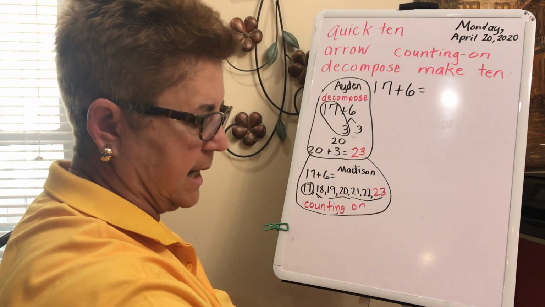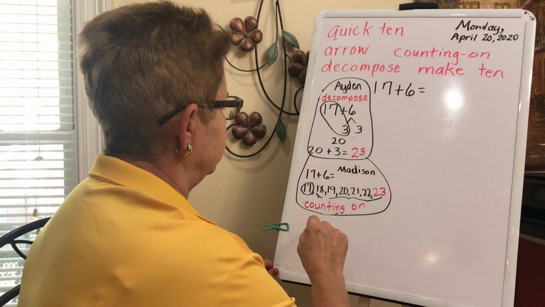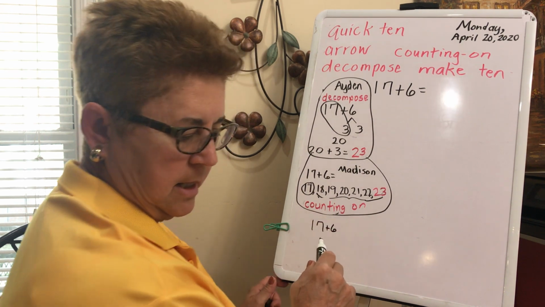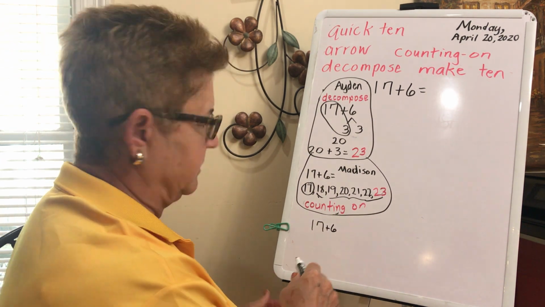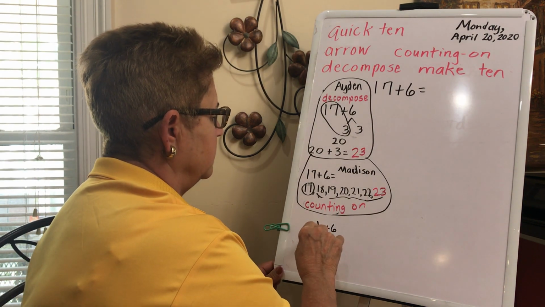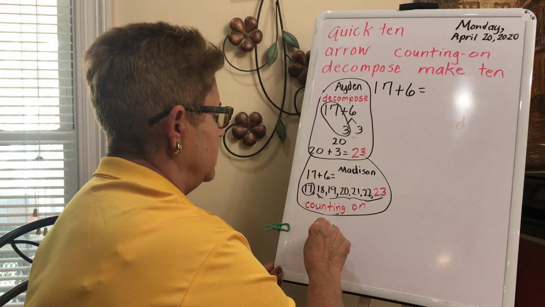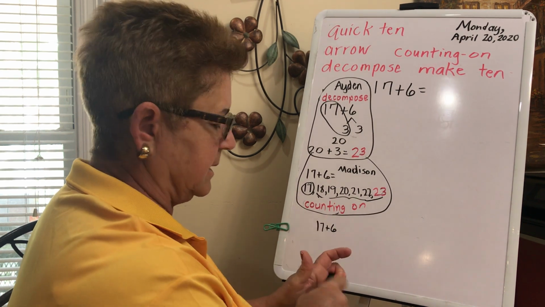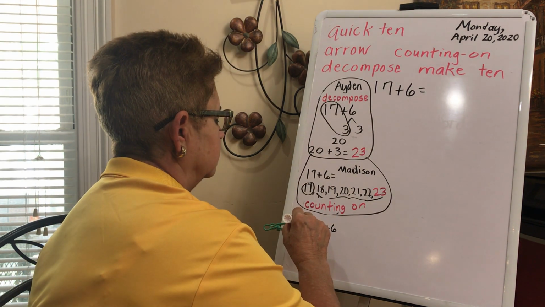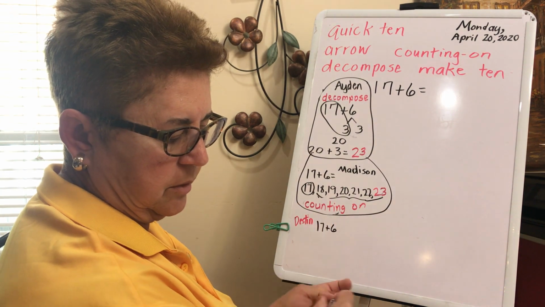Okay, let's see who tried a different way. Remember, the problem is 17 plus 6. And let's see, Destin decided that he was going to use, let's write Destin's name here. And Destin decided that he was going to use the quick 10.